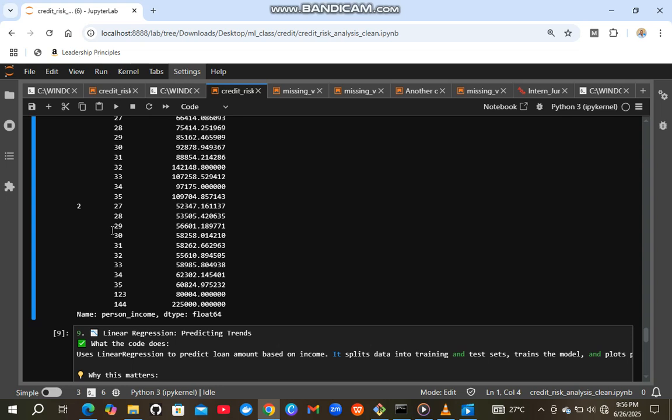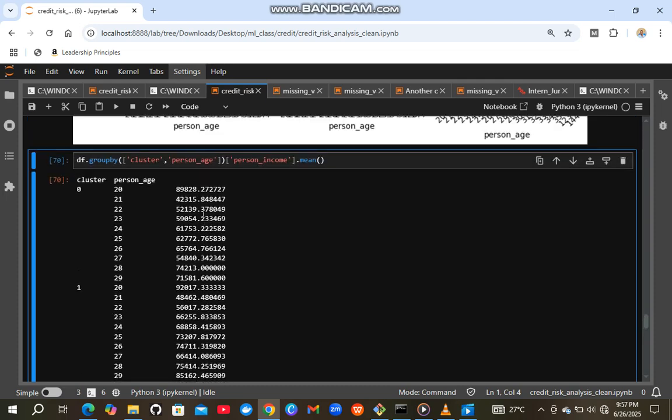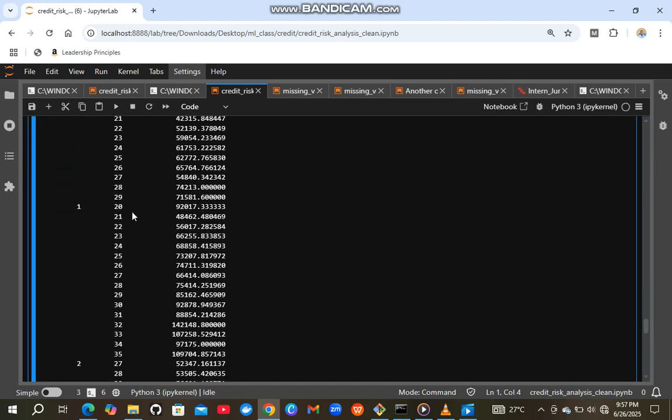And then this cluster, instead of starting from 20, it starts from 27, and the oldest person is 144 somehow, if that's even possible, but it somehow ended up in their database. So this, we can say, is the cluster with the largest number of old people, and these are their average incomes. These are the different average incomes. So it's hard to understand anything.